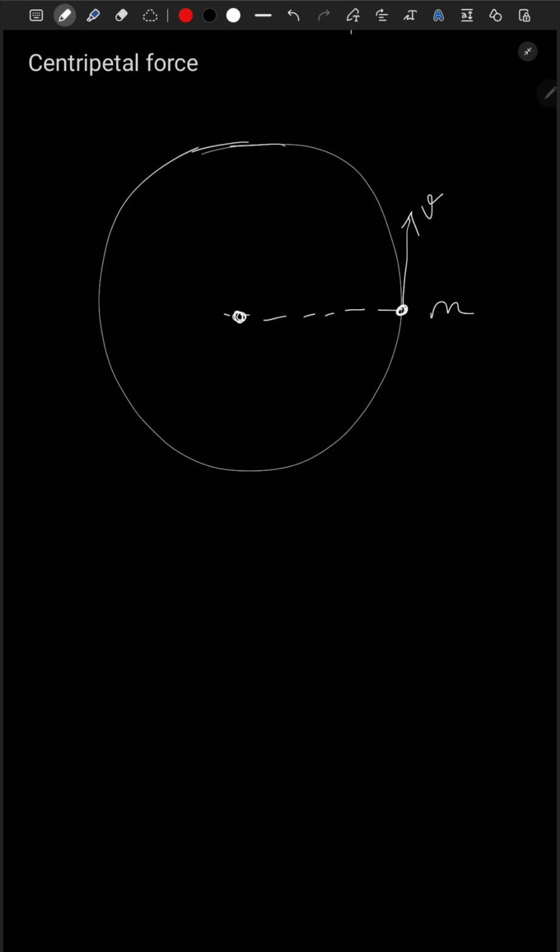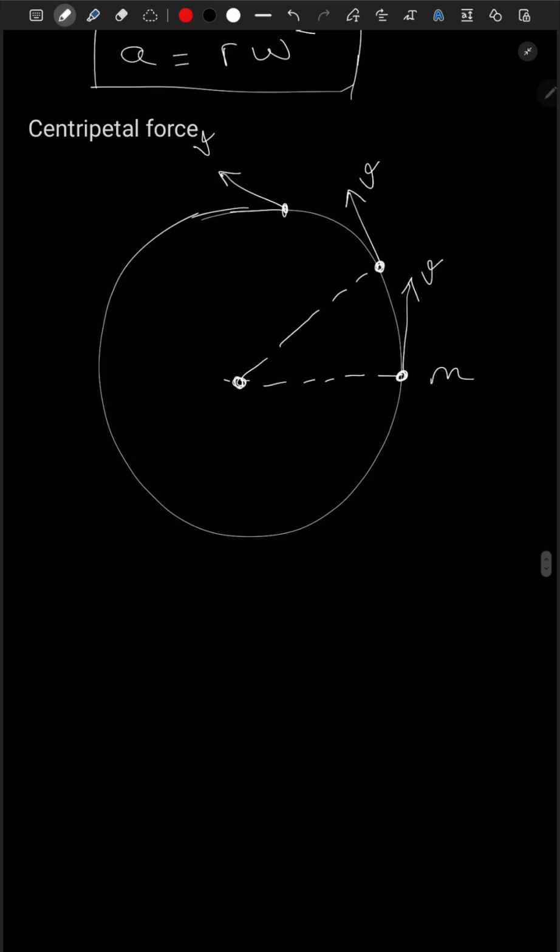Now, since the direction of motion is changing, at some point the velocity is here, at another point it would be here, so it is always changing direction, meaning that the velocity is changing, but the speed of the particle remains constant all the way through the motion itself.